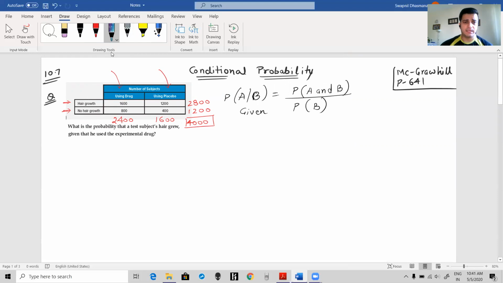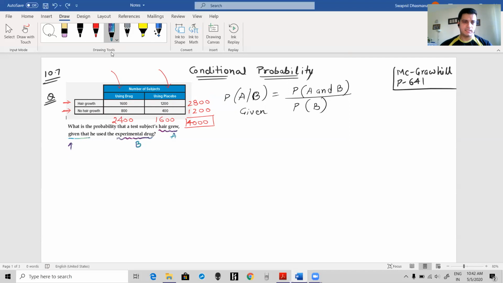What is the probability that a test subject's hair grew given that he used the experimental drug? So this is kind of A and this is kind of B, and given that, you already have there. Looking at the question, the number of people who use the drug is given right here, and the people whose hair did grow is given right there.